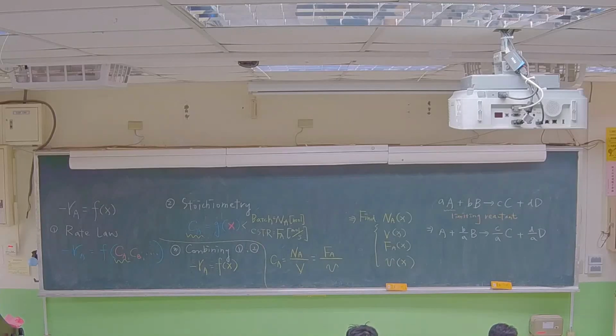Commonly, we will divide by the coefficient of A in the whole chemical reaction, so the A is always the limiting reactant. So put a coefficient equal to 1 for the limiting reactant. It could be easier for you.